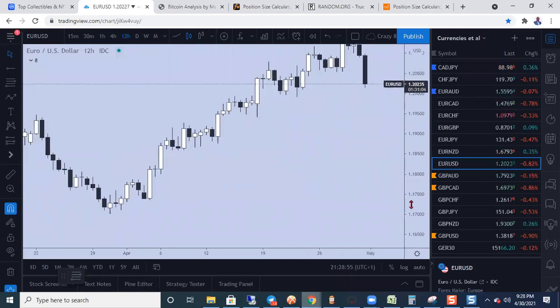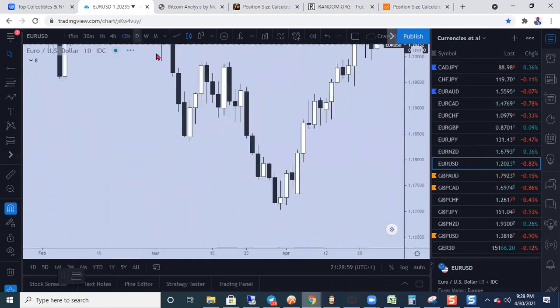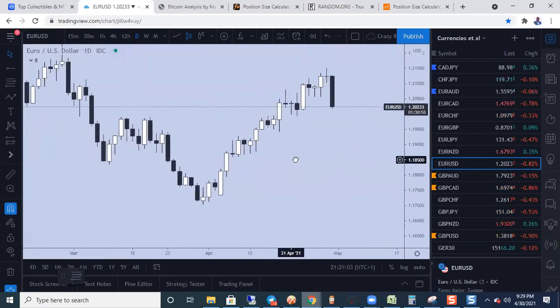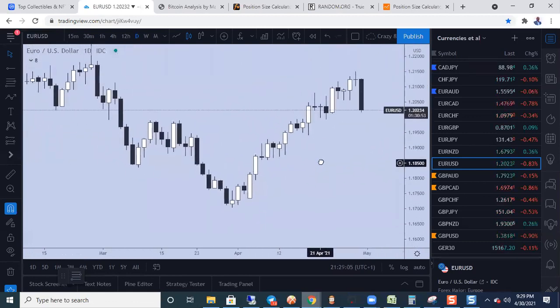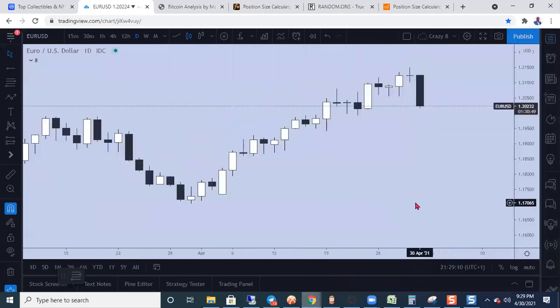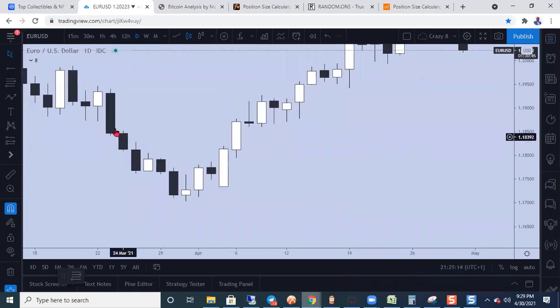Let's look at the chart of Euro USD. I'll use something to explain this, and then we'll apply the indicator to see how it tallies. Notice we were in a downtrend here.